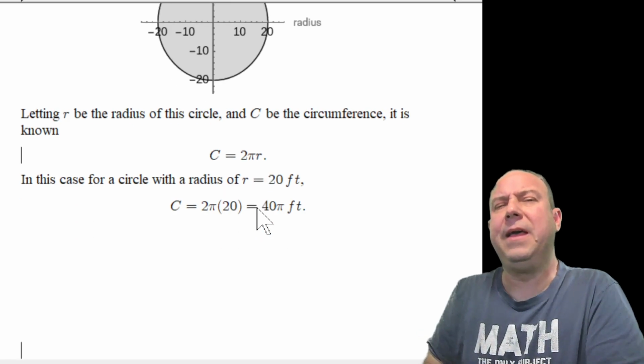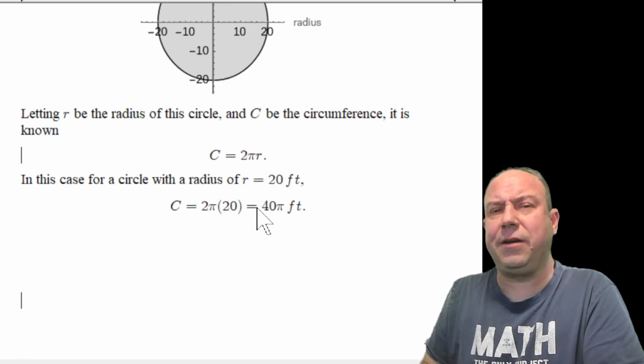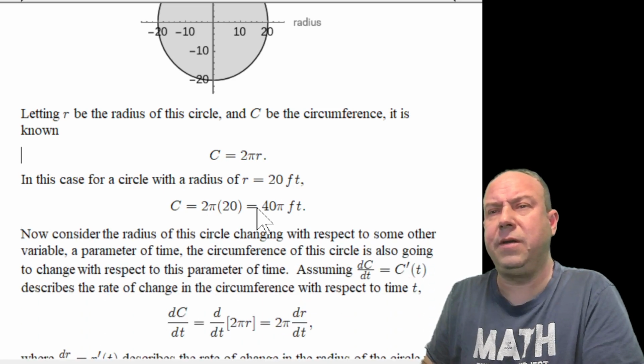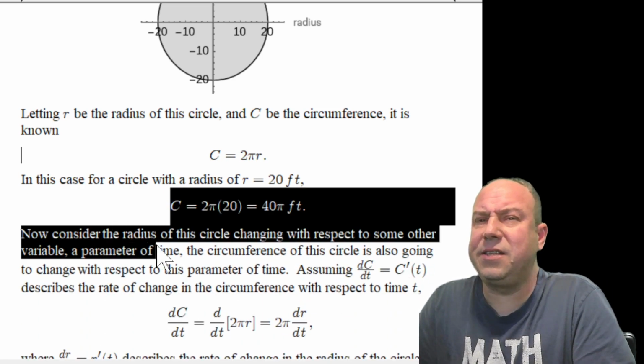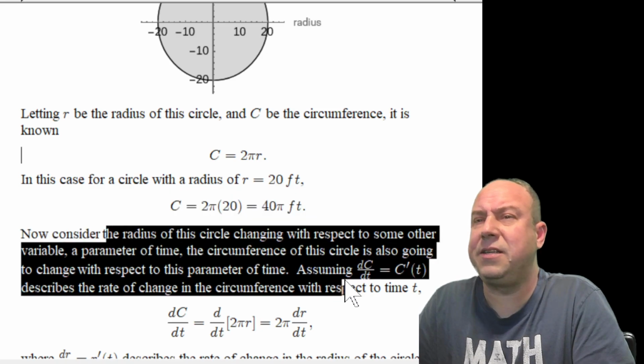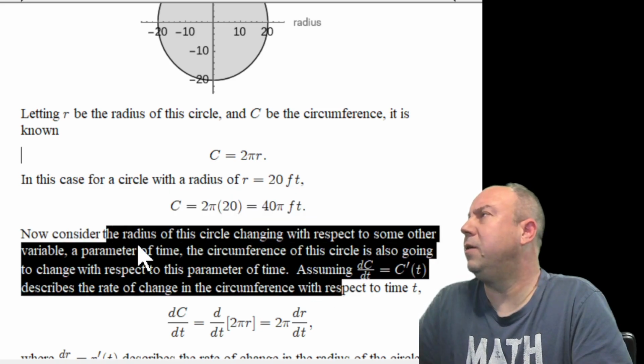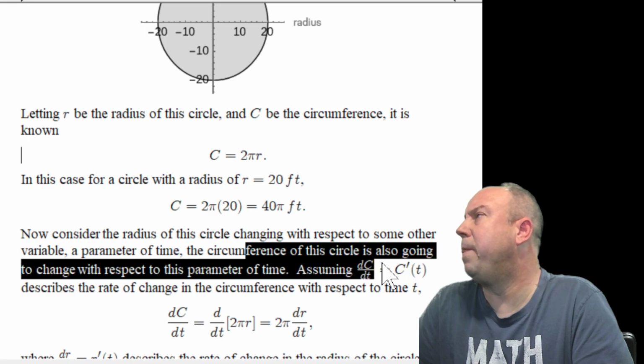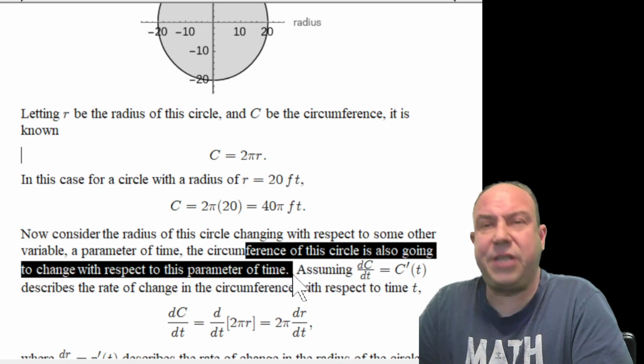What we note initially here, let me bring this up into view. Consider the radius of this circle changing with respect to a parameter of time. The circumference of this circle is also going to change with respect to that parameter time.